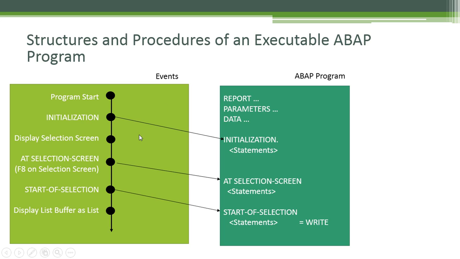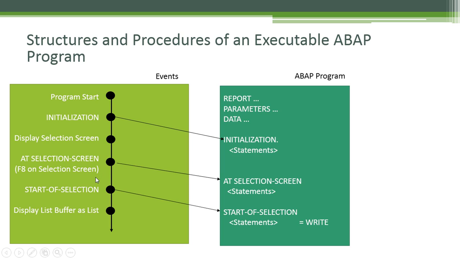Then the selection screen is displayed. When the selection screen is displayed, you press Execute or F8 on the selection screen. At that moment, the AT SELECTION-SCREEN event is triggered, and that is represented in the ABAP program with the AT SELECTION-SCREEN statement.